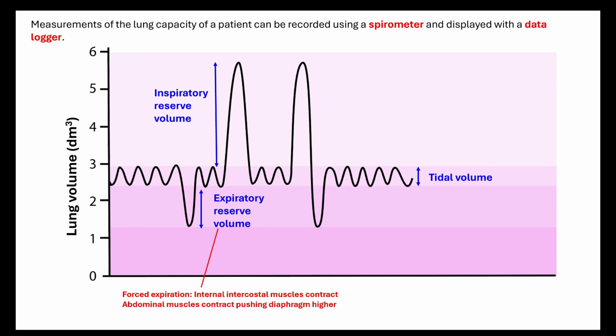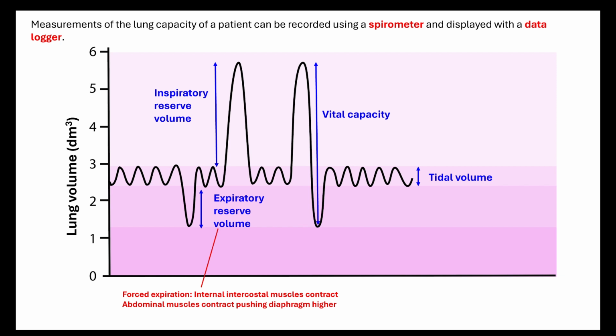What they both do is push the diaphragm higher and bring the rib cage in further, again affecting the volume. If we affect the volume, we affect the pressure, we can force more air out.